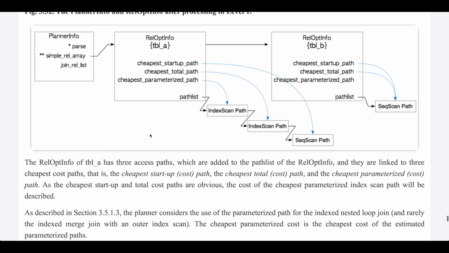The RelOptInfo of table A has 3 access paths, which are added to the pathlist of the RelOptInfo. They are linked to 3 cheapest cost paths, that is, the cheapest startup cost path, the cheapest total cost path, and the cheapest parameterized cost path. As the cheapest startup and total cost paths are obvious, the cost of the cheapest parameterized index scan path will be described.